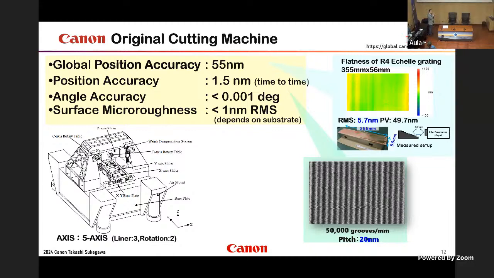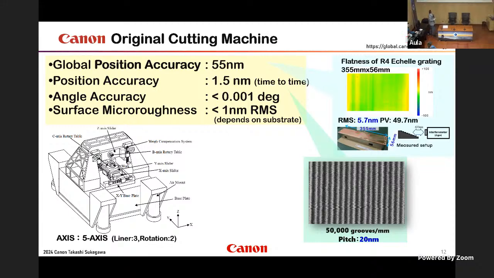Grating should be very parallel, of course, so we can guarantee 0.001, or 1 second, or a much smaller number. We can guarantee any angles. And also important, please understand, surface micro roughness is less than 1 nanometer, just machining, no post-process.